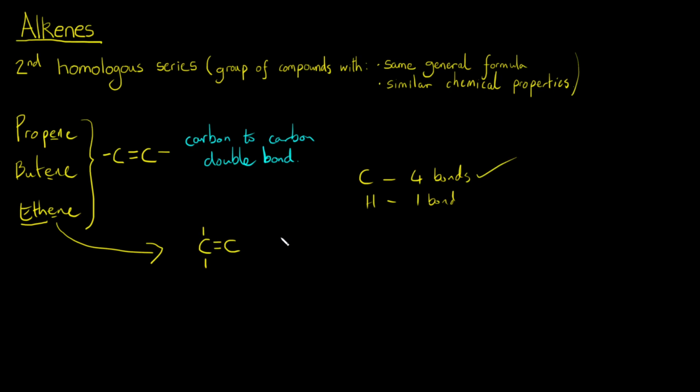Well, that's exactly what we wanted. Going to the second carbon, that's only got 2 bonds, so that'll need a further 2 bonds. And now we can pop in our hydrogens on those open bonds. And what we've drawn is ethene. This is ethene, and its molecular formula is C2H4.